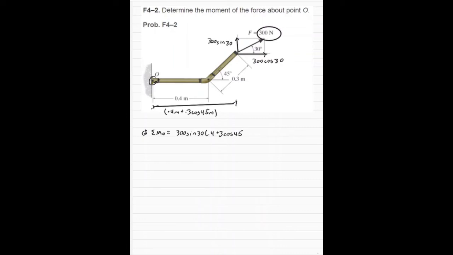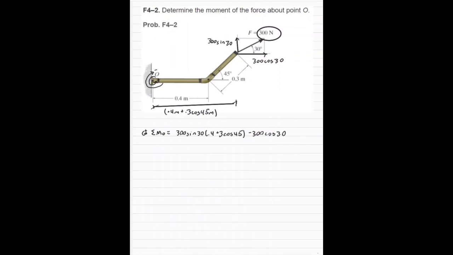Next, let's move on to the next force. Now picture that 300 cosine of 30 force rotating the bar. If you picture it correctly, it should be rotating the bar in a clockwise fashion, so that's going to be negative. So it's going to be a negative 300 cosine of 30.